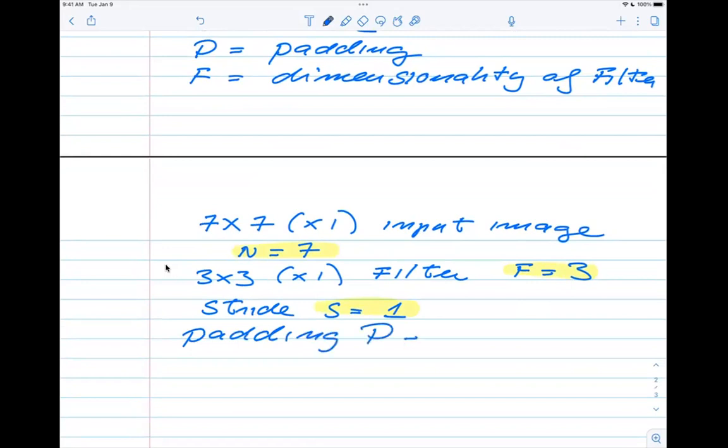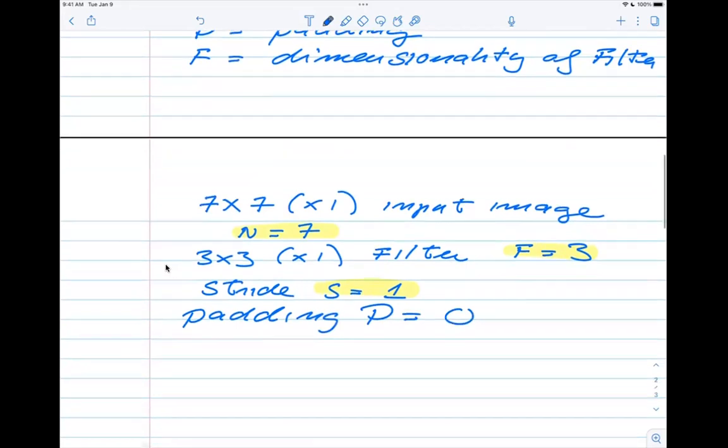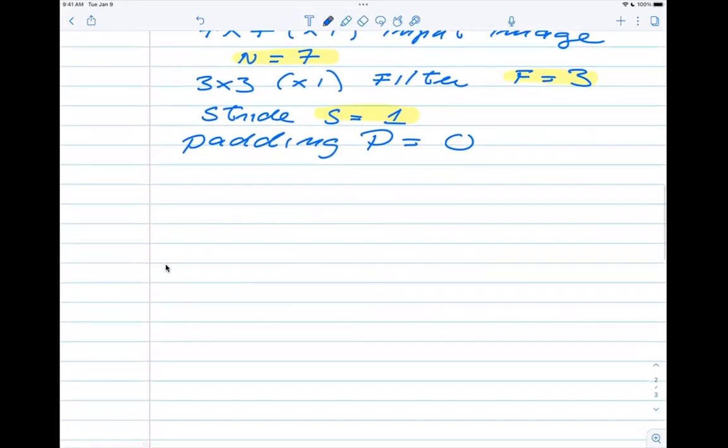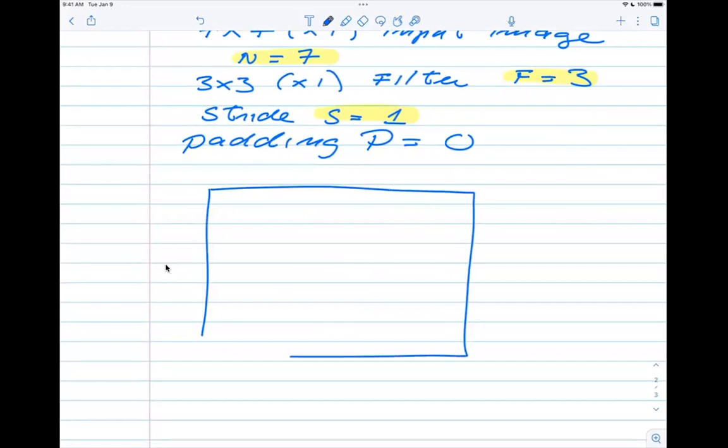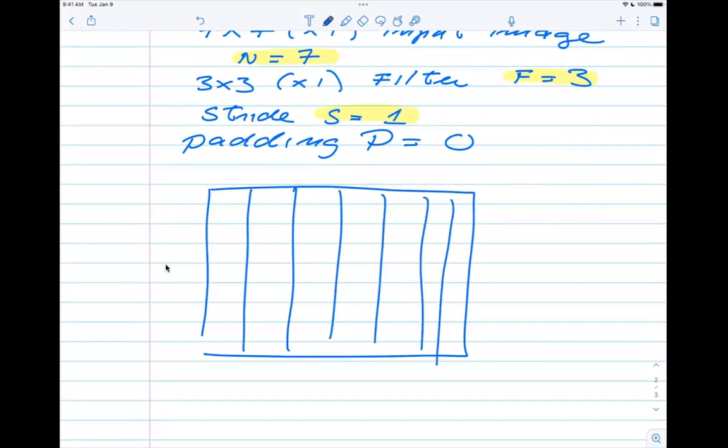So p equal to 0. So if we now look at the operations which we are going to do, if we now set up this 7 by 7 matrix, we have 1, 2, 3, 4, 5, and 6. So that should be 7 slots.